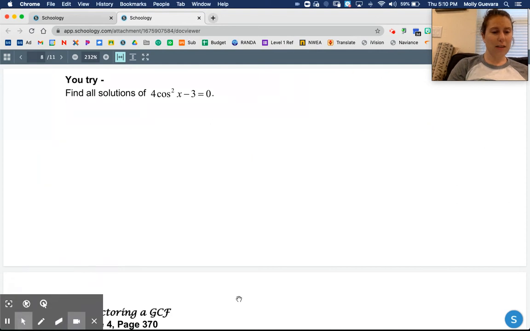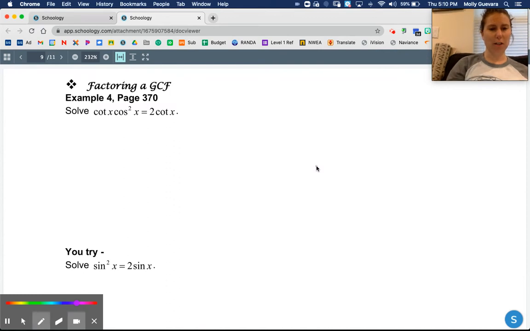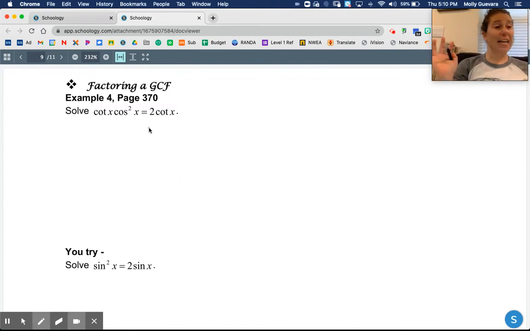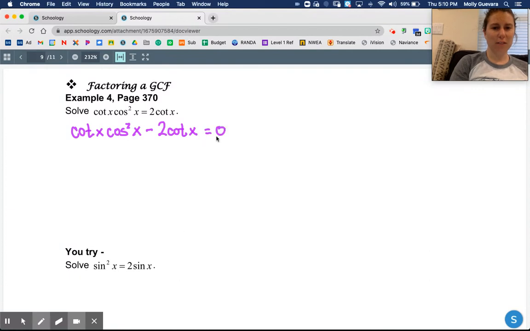Okay, the next type of problem that you might see is if you have to factor out a greatest common factor. So let's look here. I need to get everything onto one side before I can solve for it, okay? So I'm going to subtract this 2 cotangent. So I have cotangent of x cosine squared of x minus 2 cotangent of x equals 0.